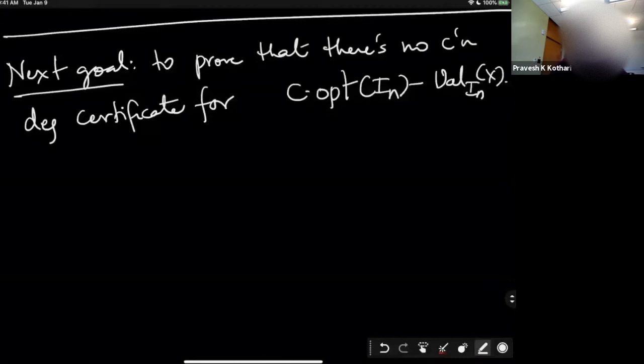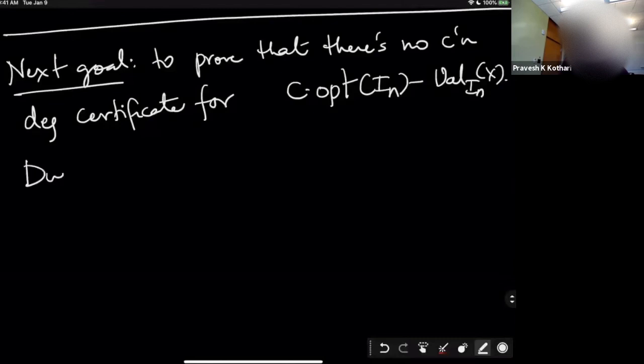But in the first lecture we saw this basic duality theorem. We proved that if there is no sum of squares certificate of some degree for a polynomial, then there is a certain object that exists. That object we've been playing with quite a bit in the last few lectures.